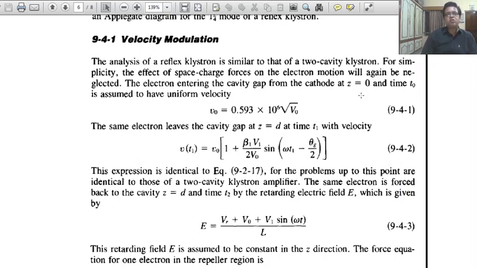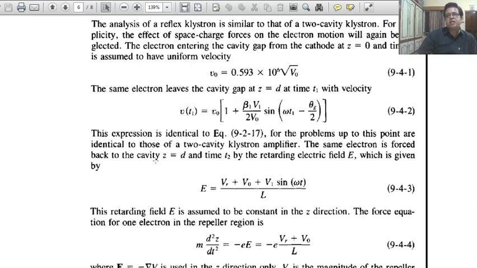The same electron leaves the cavity gap at z equal to d at time t1 with velocity v(t1) equal to v0 times bracket 1 plus beta 1 V1 upon 2 V0 sin omega t1 minus theta g upon 2 bracket closed.